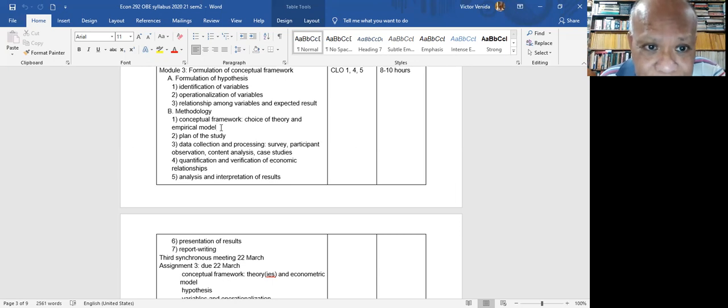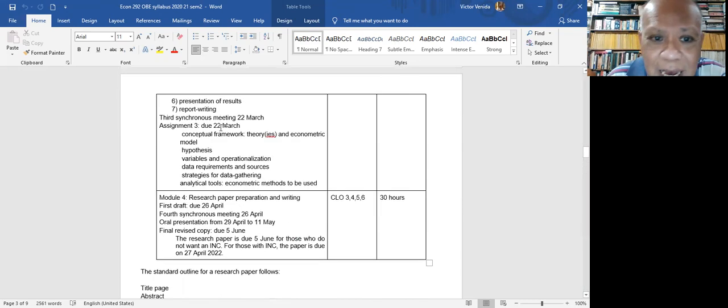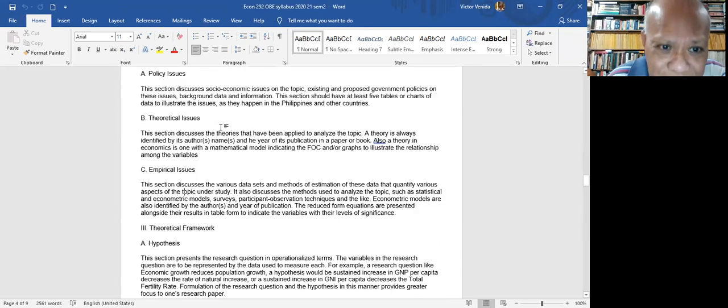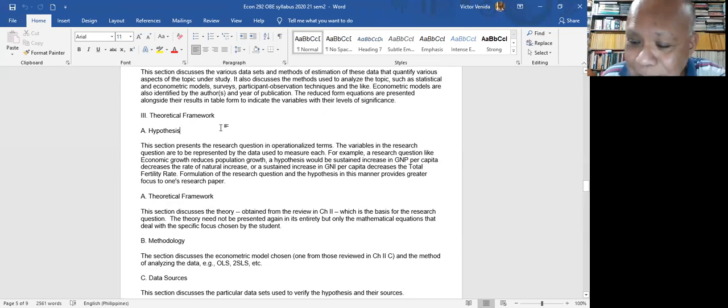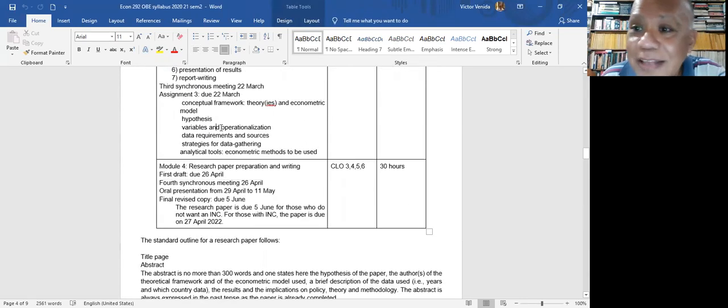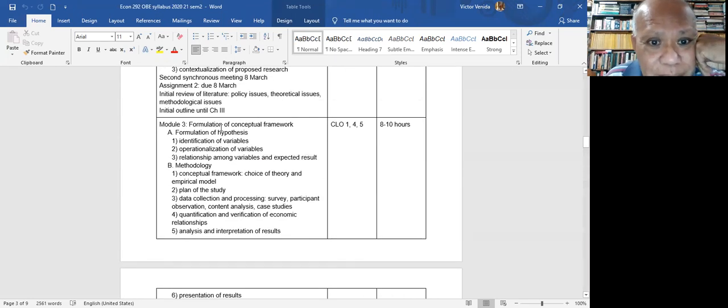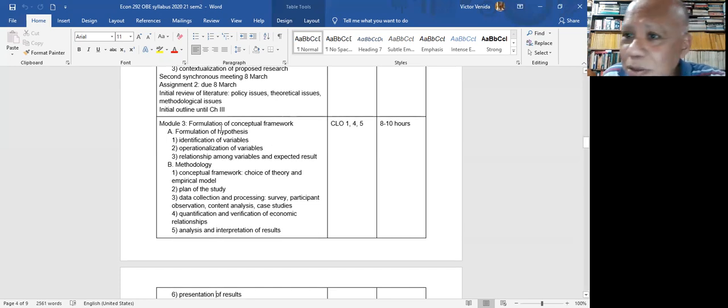Okay. Now, the plan of the study is pretty straightforward. I have given you here the outline, the standard outline for thesis. Okay, and then data collection and processing. Right now, you're not expected to generate primary data.